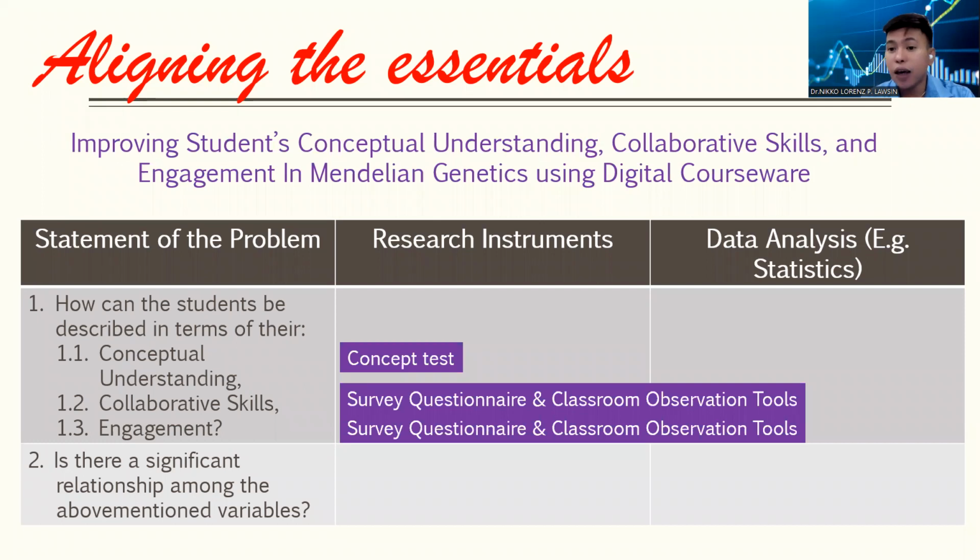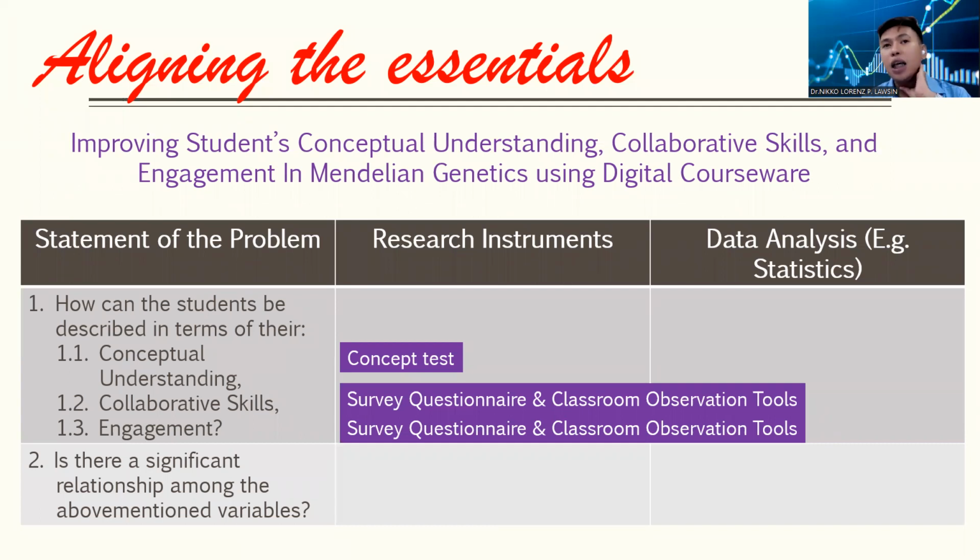So the quantitative and qualitative data would justify or prove if collaborative skills and engagement are really demonstrated by the students. Again, if you are measuring constructs that are skill-based or attitude-based, a survey is not enough because a survey is somehow biased.